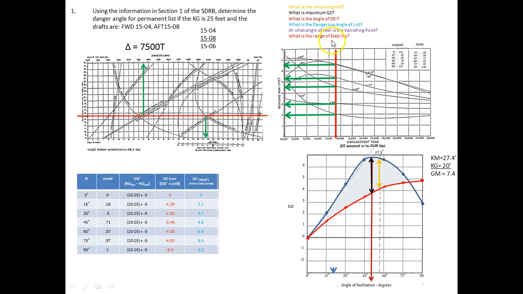Okay? And at what angle is the vanishing point? The vanishing point is when GZ equals 0 again. Okay? So if this is my 0 line, that is right here where my curve comes back down and touches my 0 line. That means that my vanishing point is here, somewhere around 80 degrees. Okay? What is my range of stability?